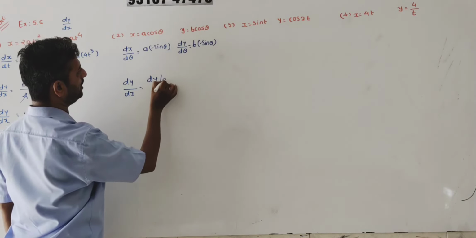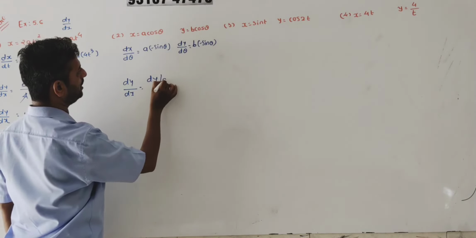So your final answer dy by dx is equal to dy by d theta upon dx by d theta. dx by d theta is equal to minus a sin theta and dy by d theta is equal to a into 1 minus cos theta. This and this are cancelled.